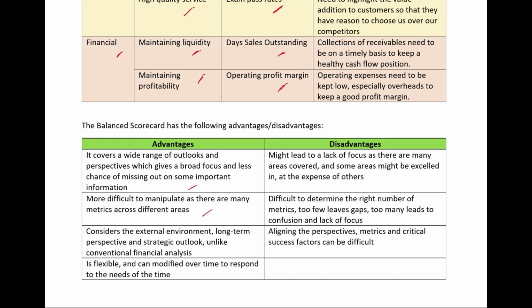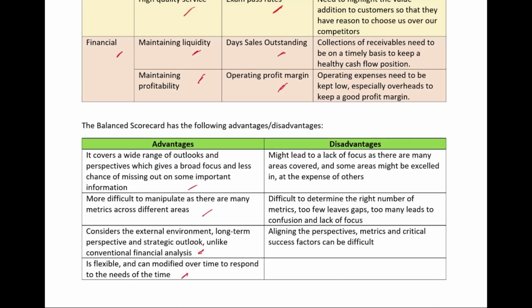So even if someone manipulates one metric, he won't have the power or even the responsibility to manipulate another. You consider the external environment, the long-term perspective, strategic outlook, unlike the conventional financial analysis, like we said. And the balanced scorecard is flexible. Obviously, you can change the critical success factors and KPIs over time as your needs evolve.